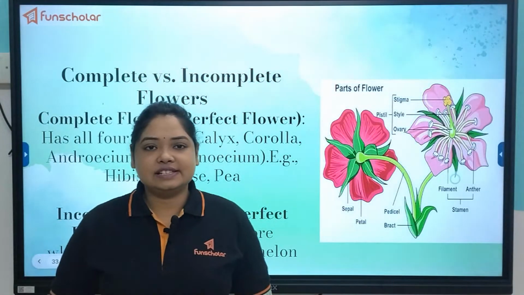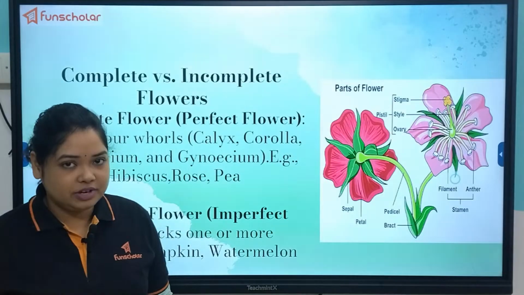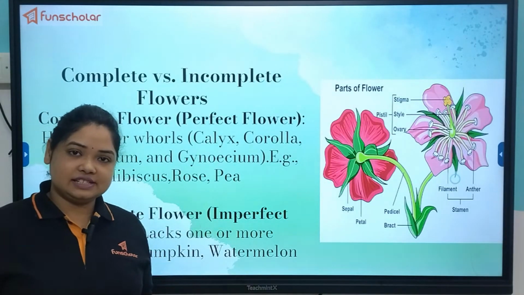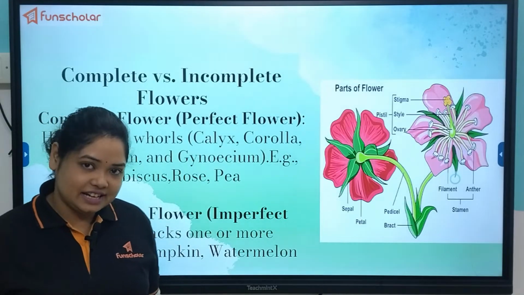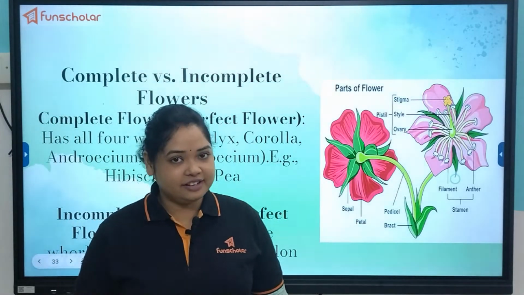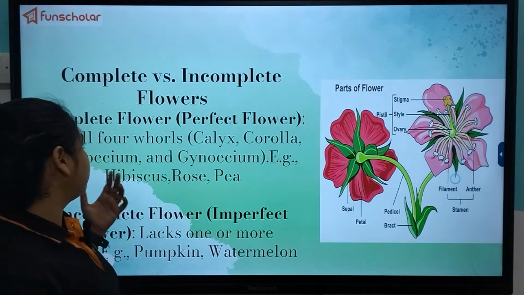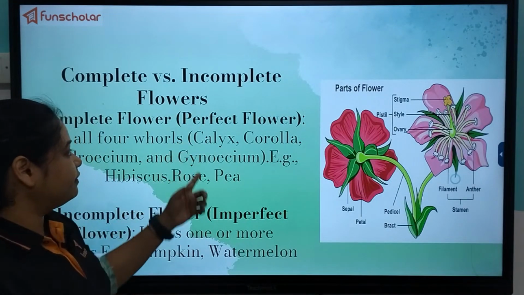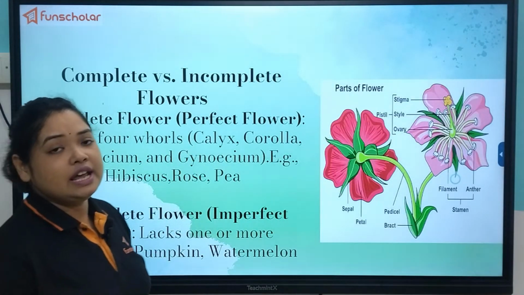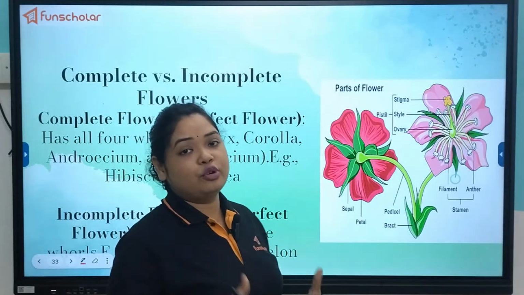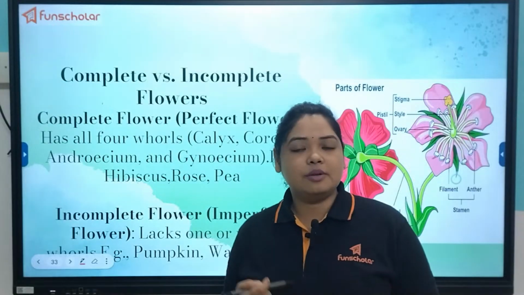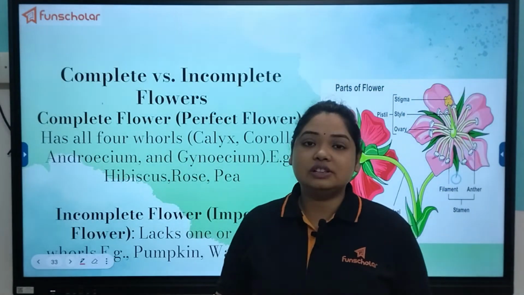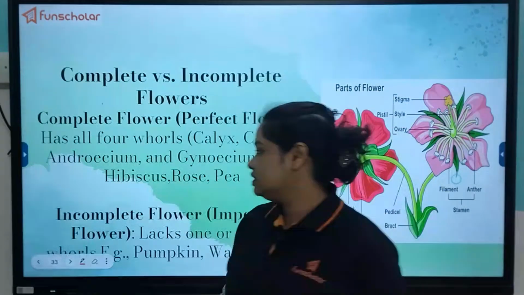Now let's discuss complete and incomplete flower. We have done this discussion before in the junior class also, but let's recollect whatever we have studied there. So in case of complete flower or perfect flower as it is called, it contains all the four major whorls, that are the androecium, gynoecium, calyx, corolla, all the four major whorls.